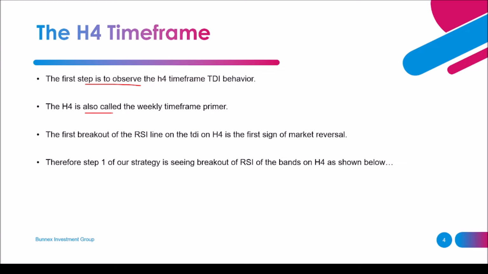The first breakout of the RSI line on the TDI on H4 is basically the first sign of market reversal. So if ever we see the RSI line going outside the bands on the H4 time frame, that's the first sign of a market reversal. Therefore, step one of our strategy is seeing a breakout of the RSI line out of the bands on the H4, as shown in the next slide.